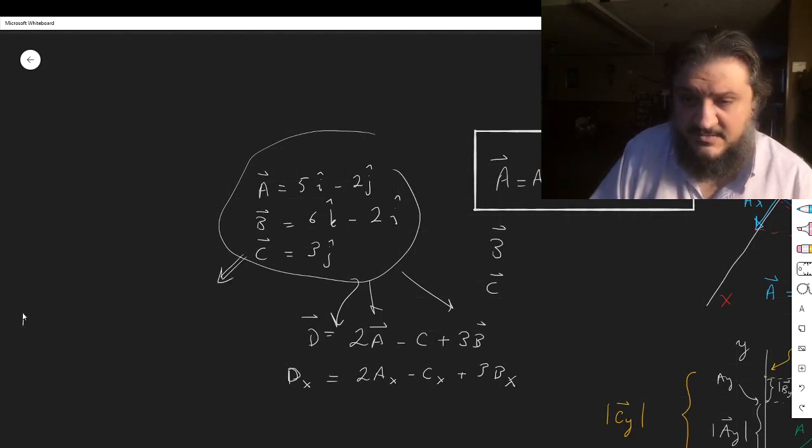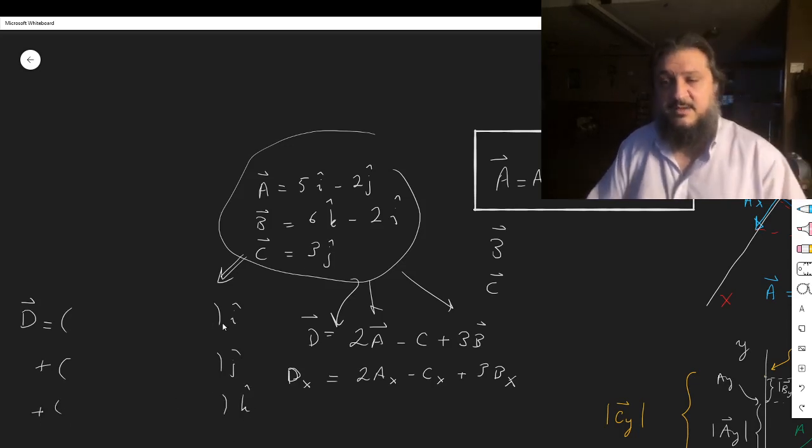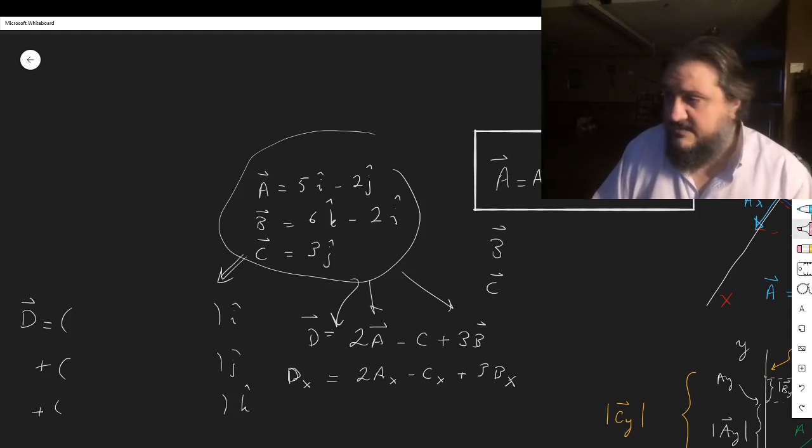So the result, d, will have an i term plus a j term plus a k hat term. In the i hat term, which of them have i?